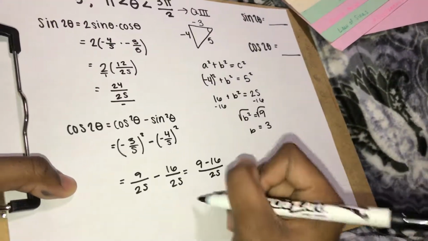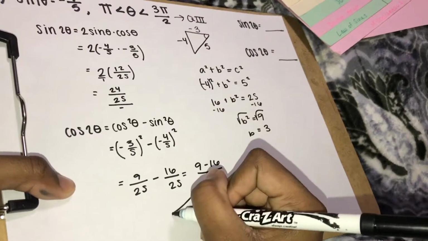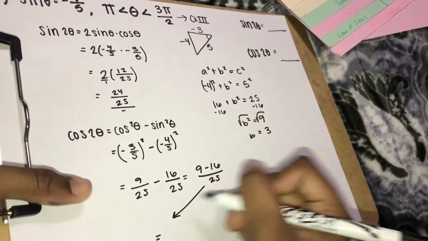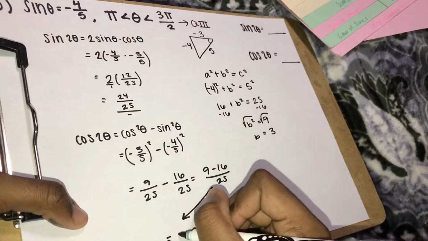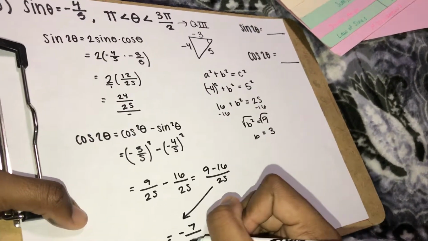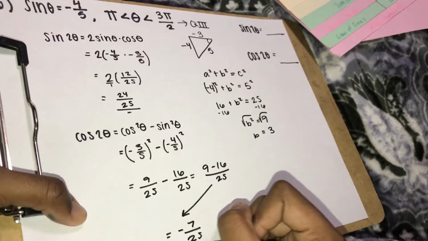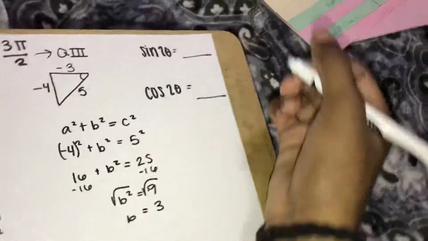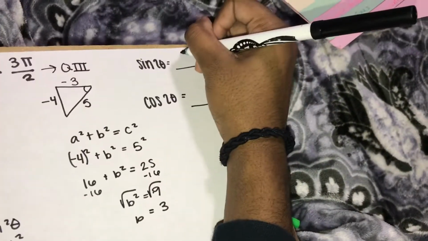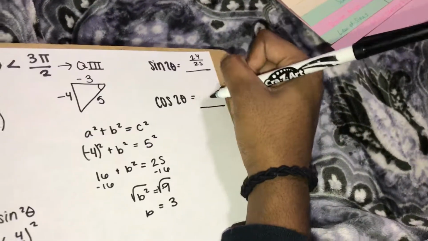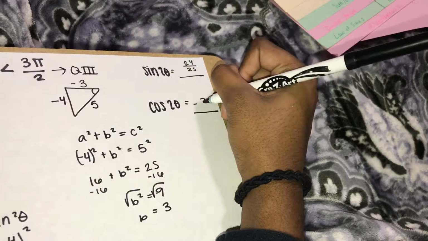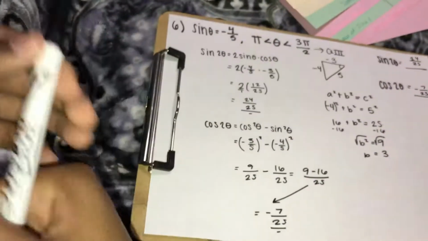If you simplify that, 9 minus 16 in that order, you'll get negative 7 over 25. And that's your cosine. So you can come over here and write 24 25ths and your negative 7 25ths. Thank you for watching.